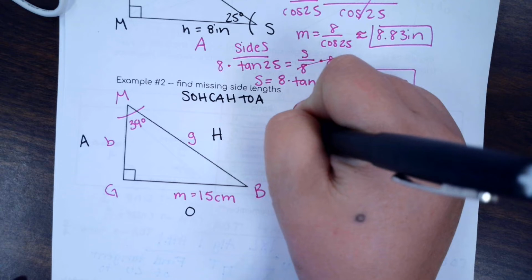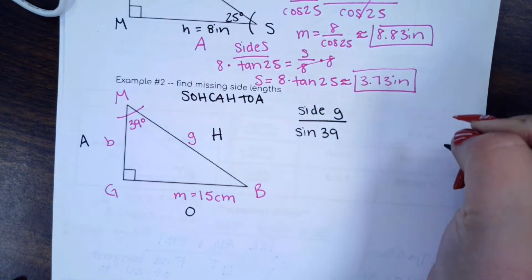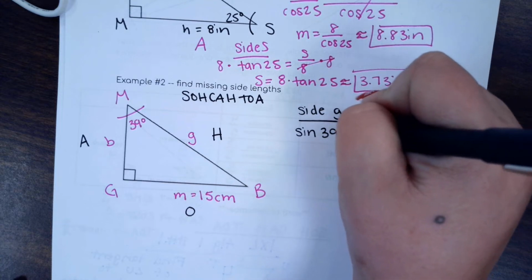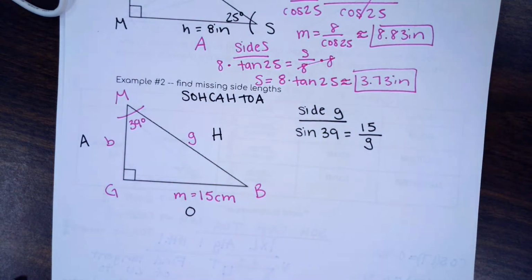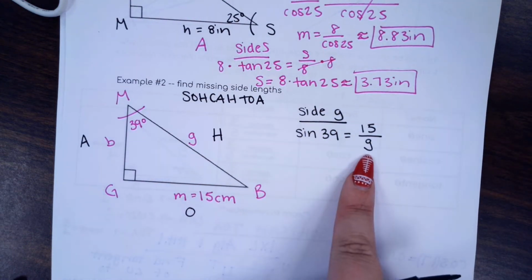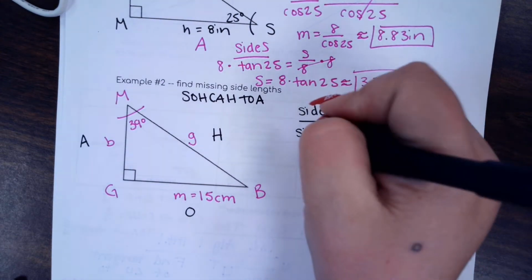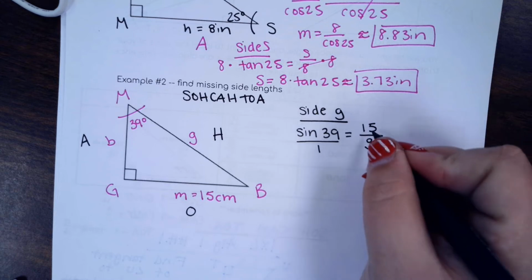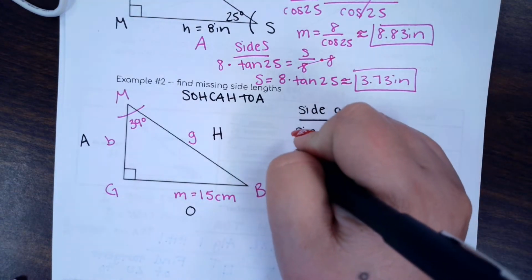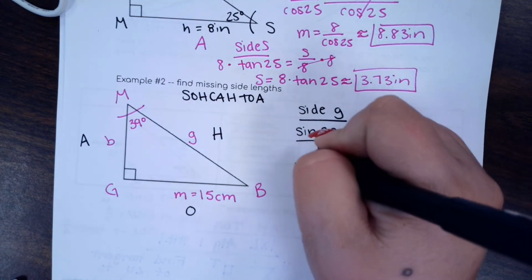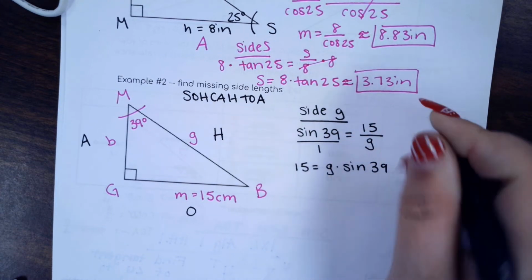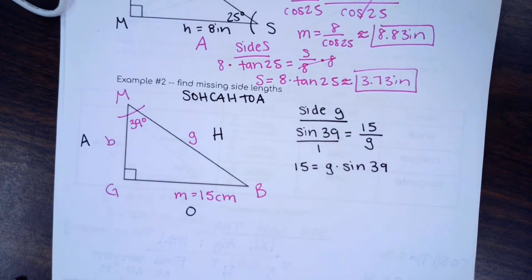So we've got sine of 39 equals 15 over G. G is in the denominator. So we're going to put sine of 39 over 1 and then cross multiply. So 15 times 1 gives us 15, and then G times sine of 39. So that's what we get when we cross multiply.